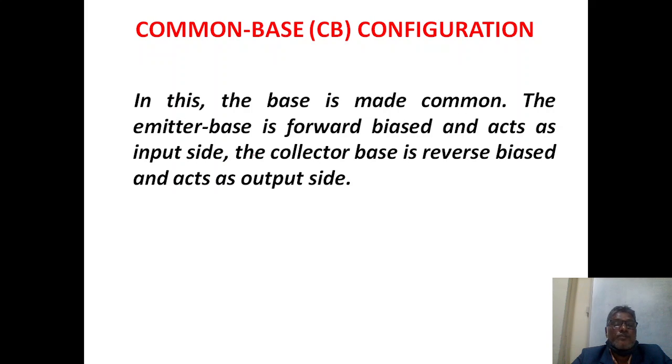So let's see the common base configuration. So in this method, the base is made common or ground. Common means ground. And here, as you know, a transistor has two junctions. What are they?